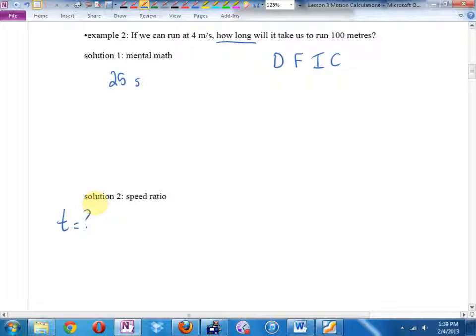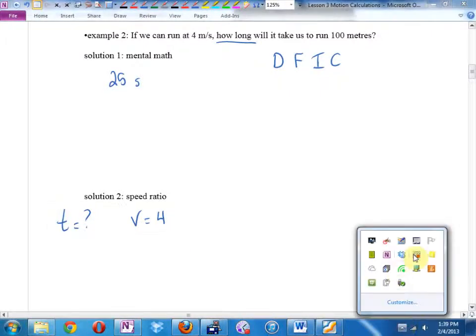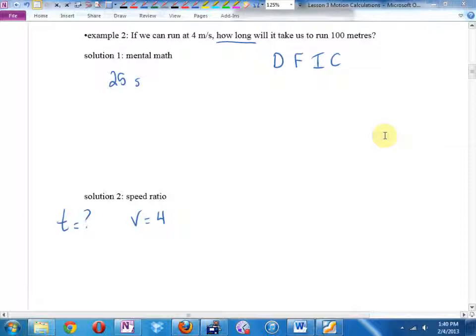I don't think it says meters. I think it says meters per second. What's the next number you see? 100 what? Hey, what's that?